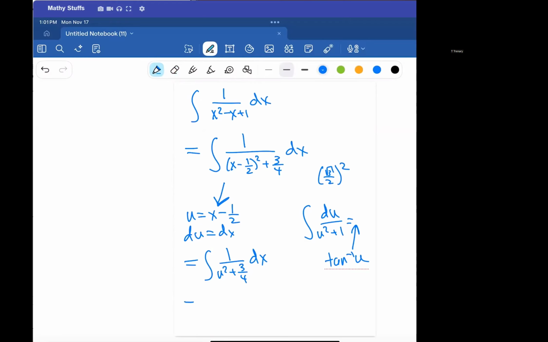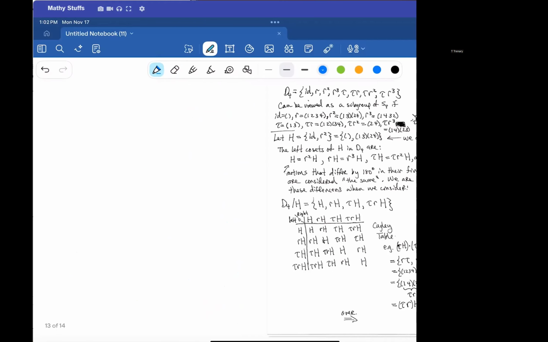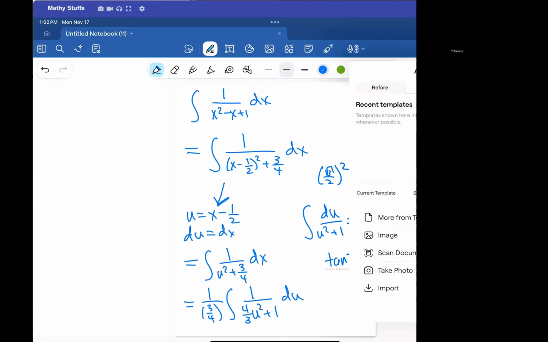So this is going to equal 1 over 3/4 integral 1 over 4/3 u squared plus 1 du. Now that looks weird, but if you think about it, check that out, make sure you see that. I'm going to rewrite that a little bit differently over here.